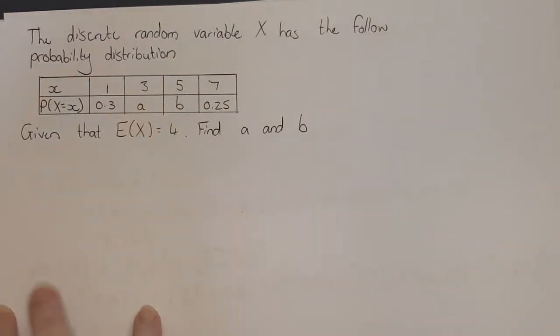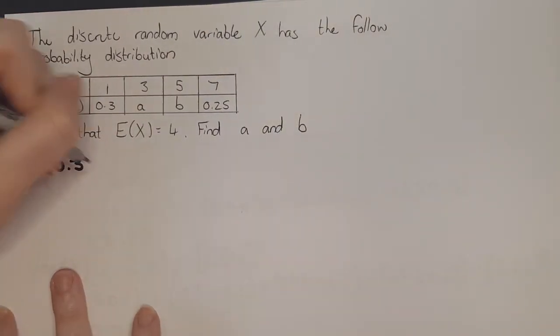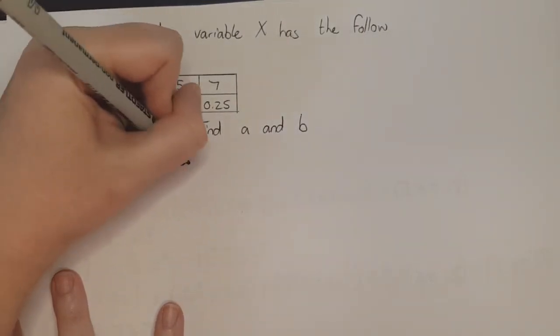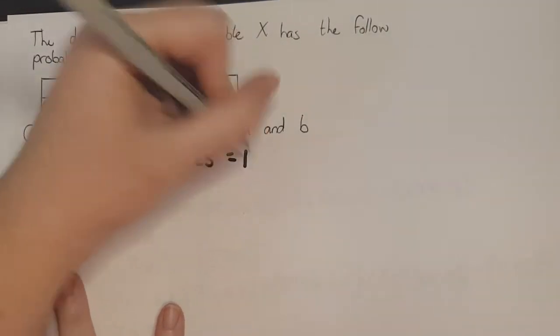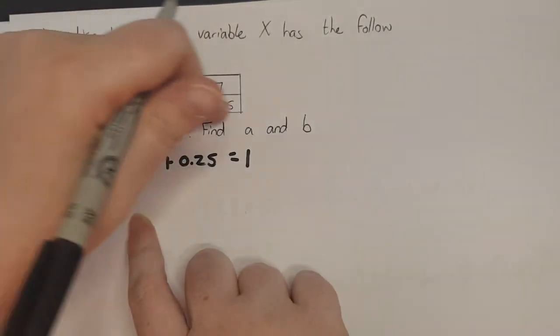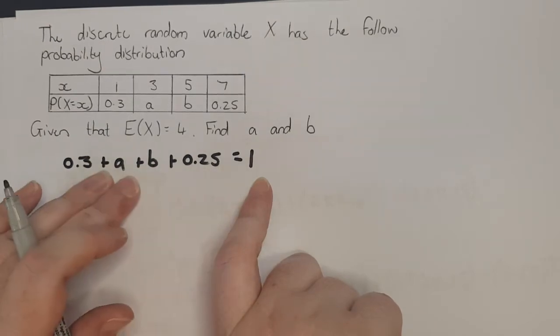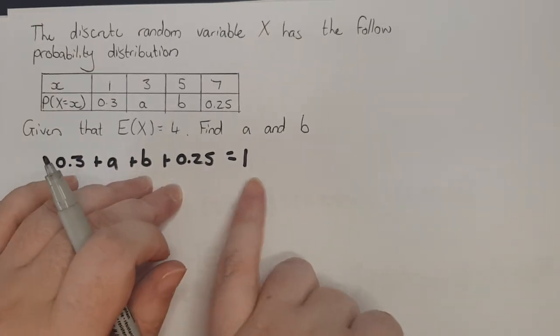So I can say 0.3 plus A plus B plus 0.25 equals 1, because all of those add up to my total probability. From there, I have both variables in there.